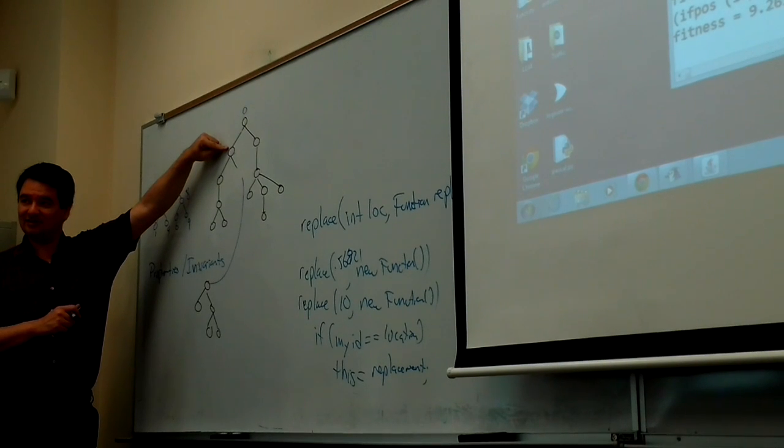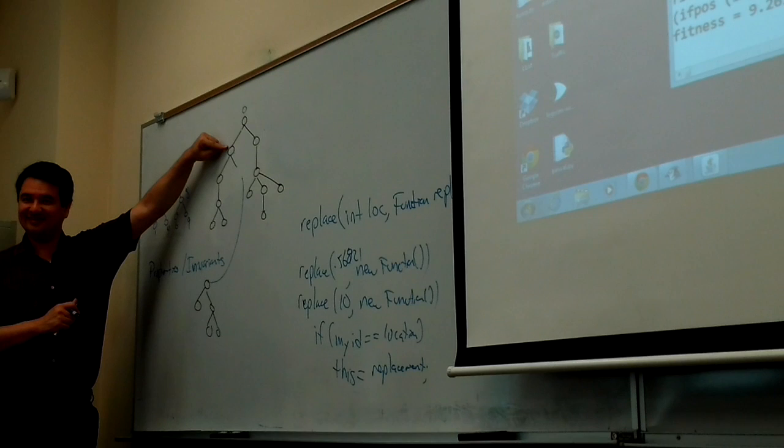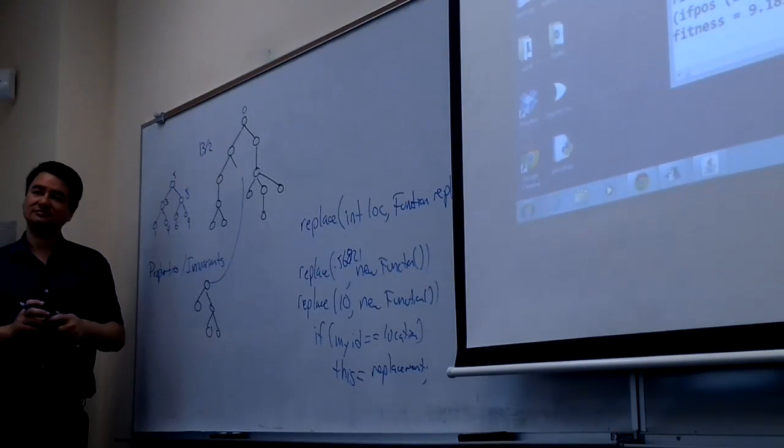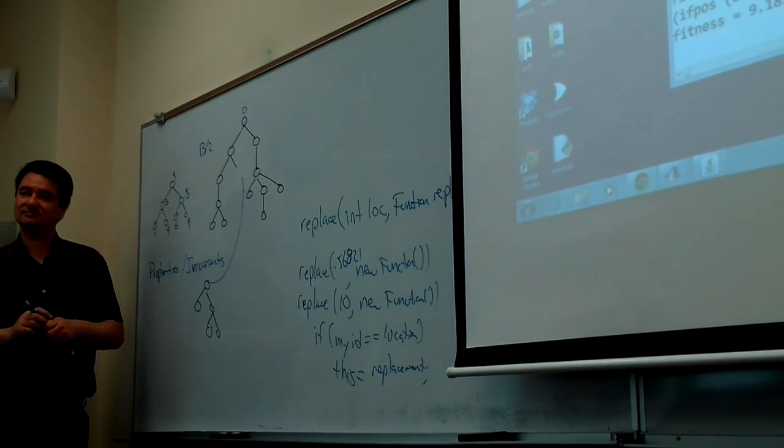If the parent kills it, it's murder. What if the primary function of replace is to return whether or not it is that node? Then the node above it says, if I get a return, I replace it with this replacement function.